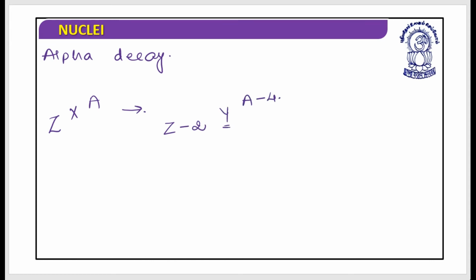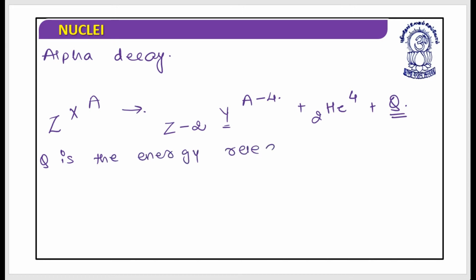The element would change as there is a change in the atomic number and the atomic mass, plus 2He4, this is the helium particle, plus Q. I hope this is clear. Where Q is the energy released in the process.